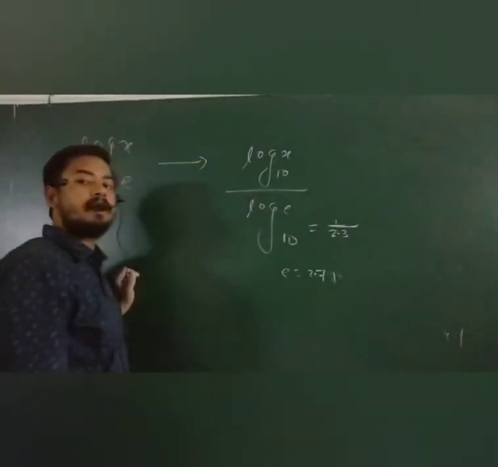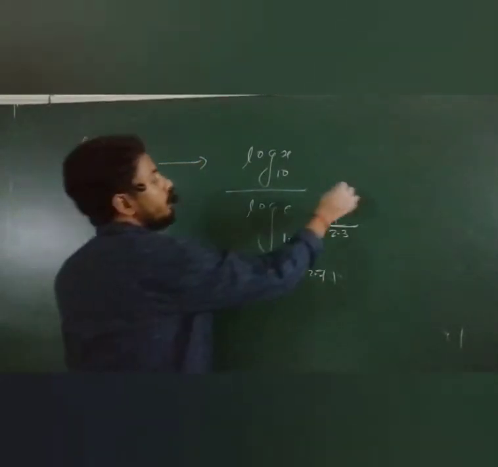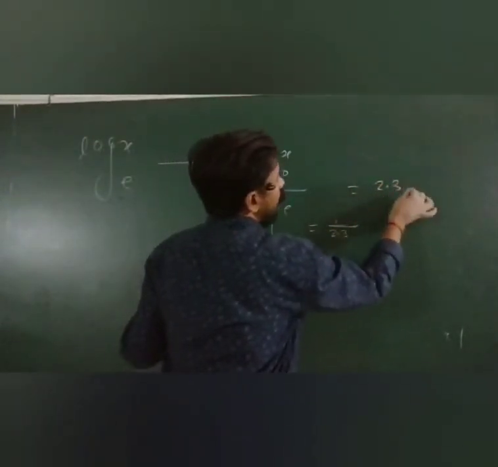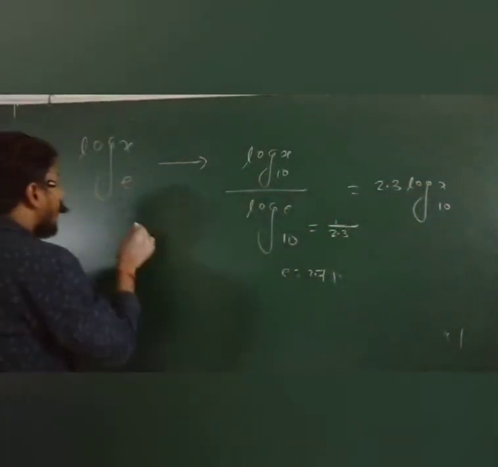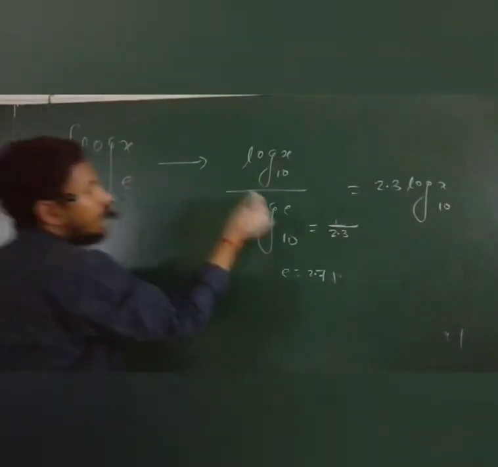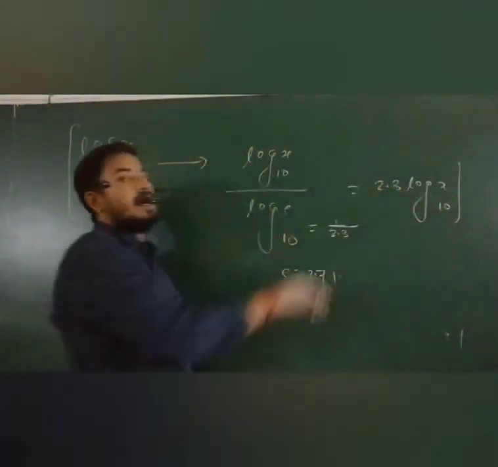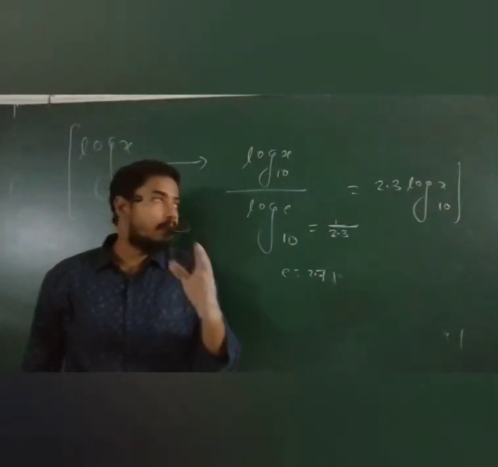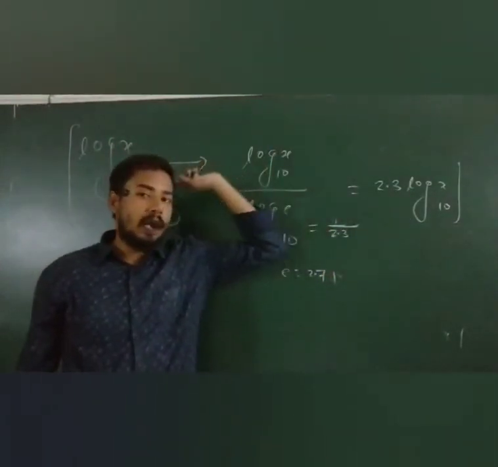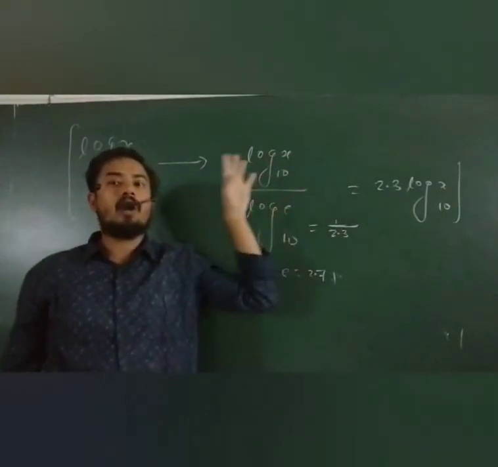So this becomes 2.3 log x with base 10. Simply understand that you convert ln x into log x by multiplying by 2.303, or simply 2.3.